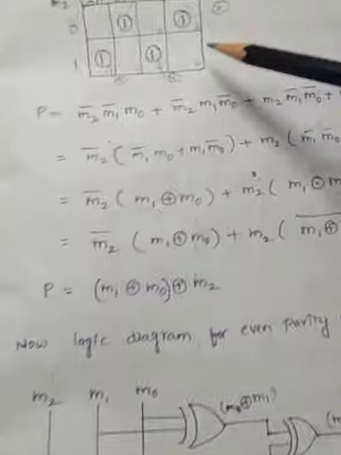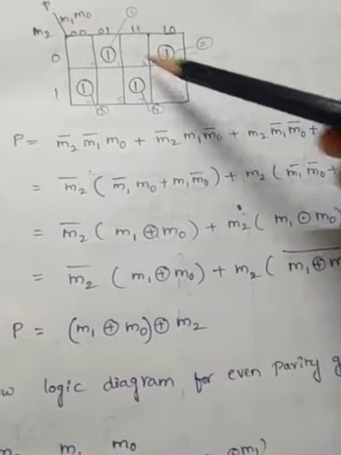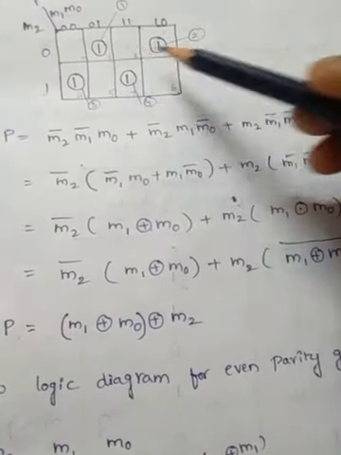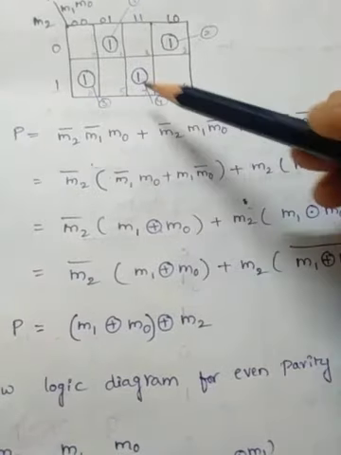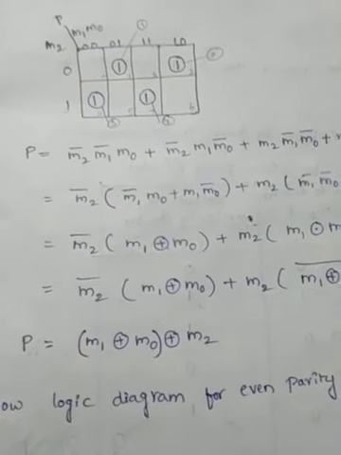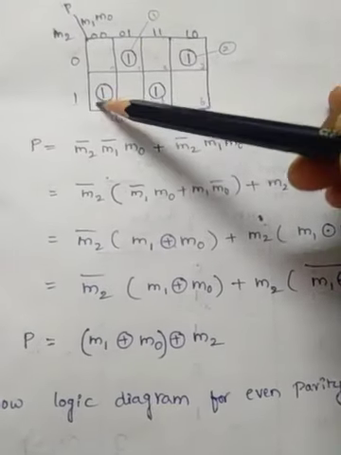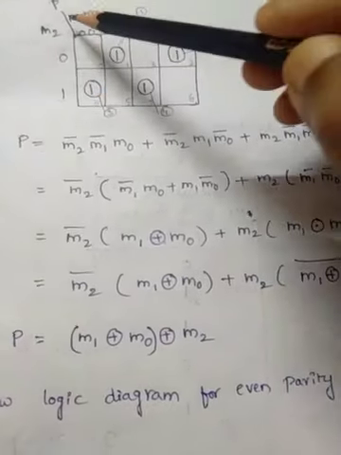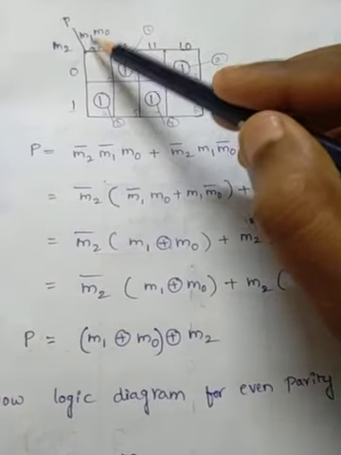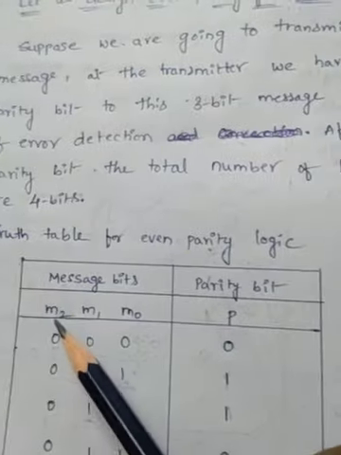So by placing ones at the respective positions, 1, 2, 4, 7, these are the ones for the parity bit. The variables are M2, M1, M0.